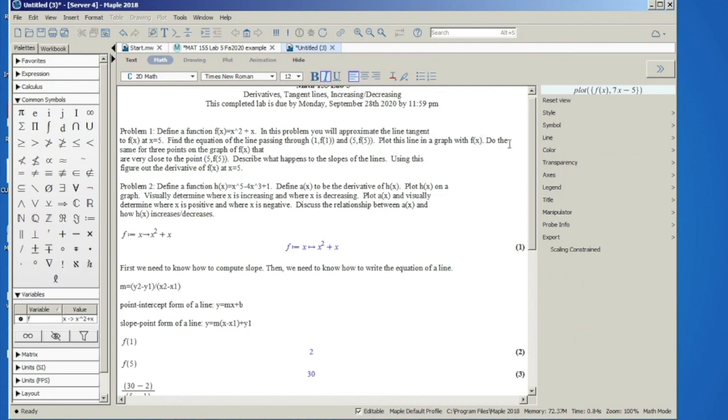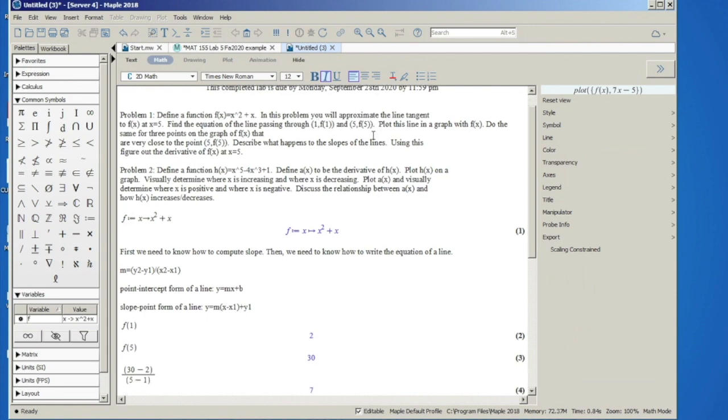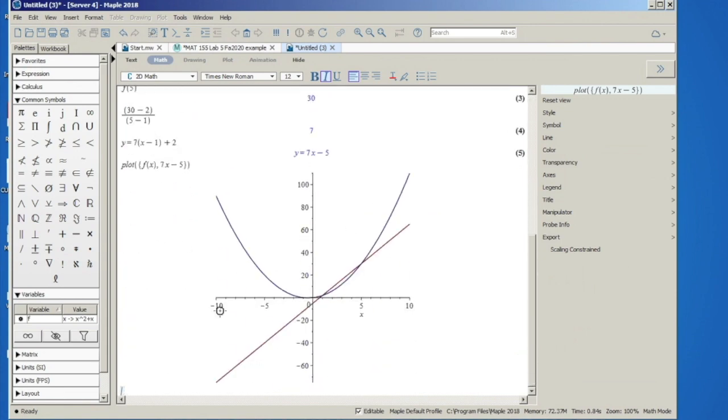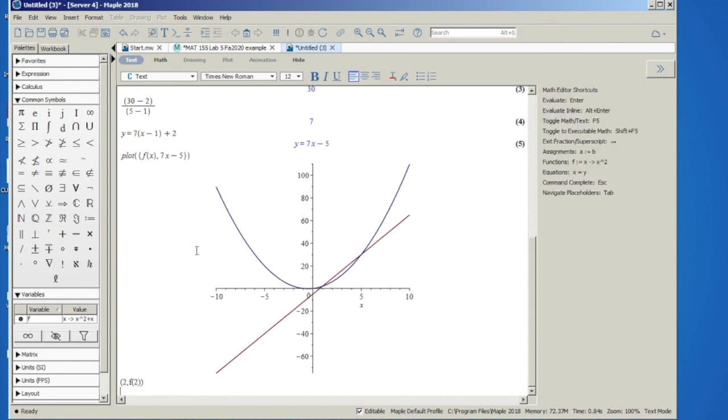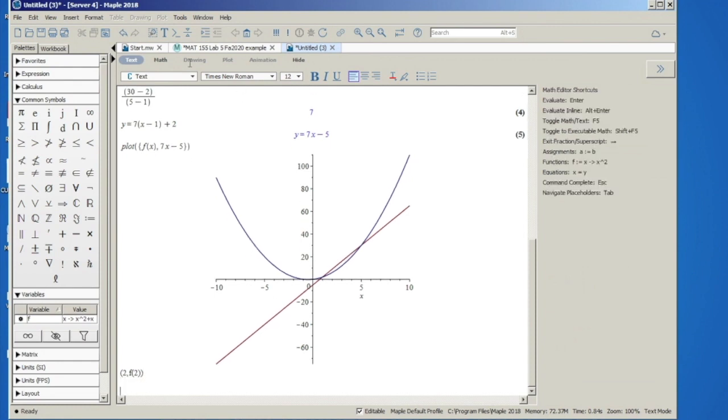So let's try to pick some other values close to 5. I'm going to see if the point 2 and f of 2 give me the desired result.